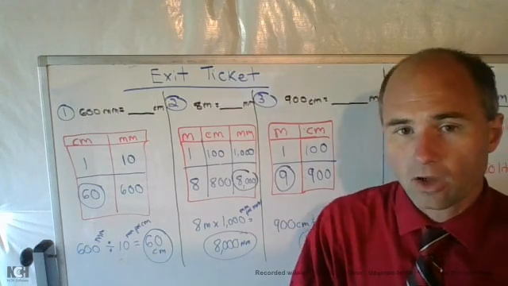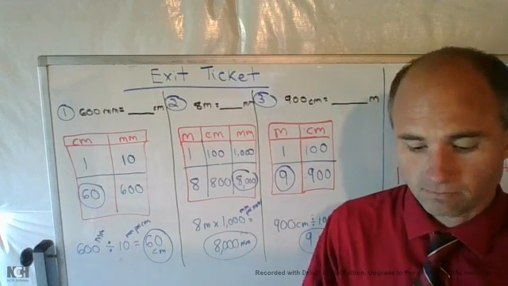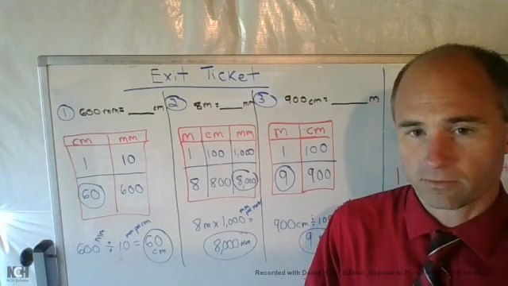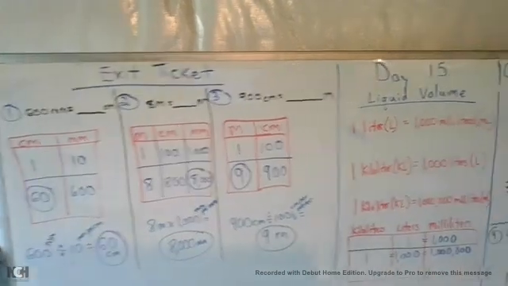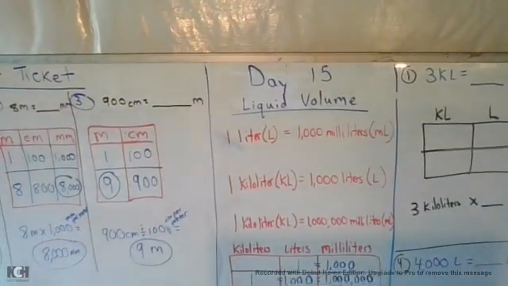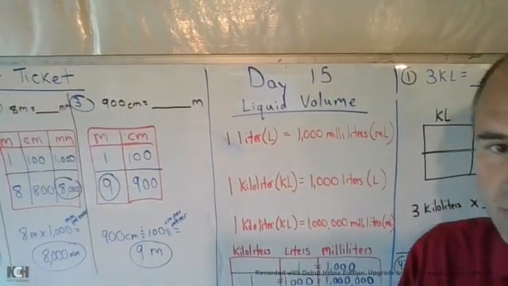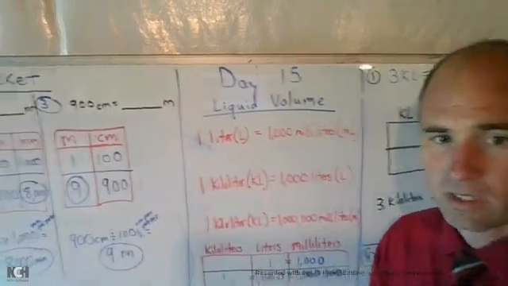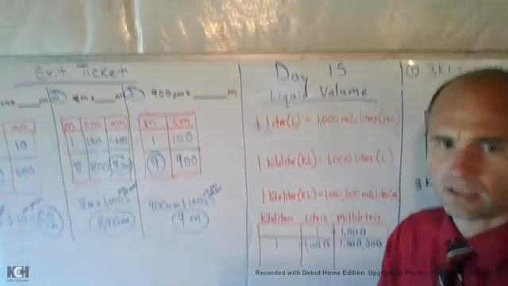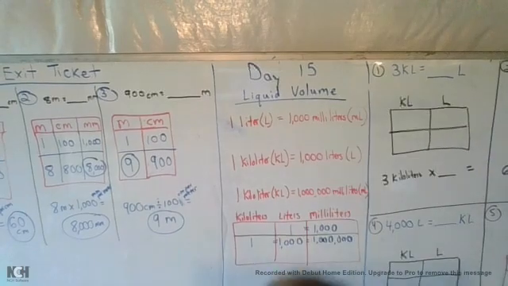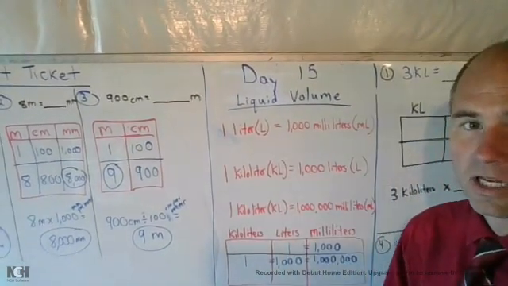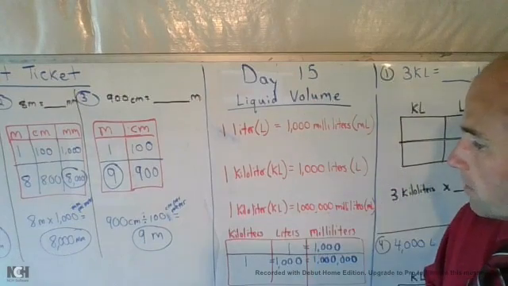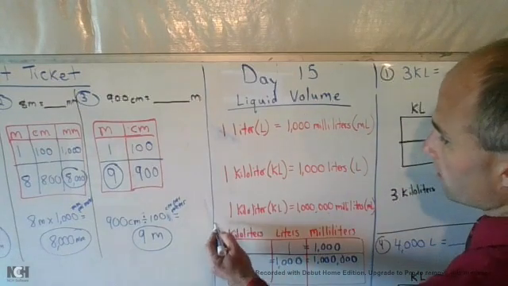All right, so today we're going to move on to liquid volume when it comes to metric. Before we get started solving any problems, go ahead and record down, hopefully in your notebook, this chart.